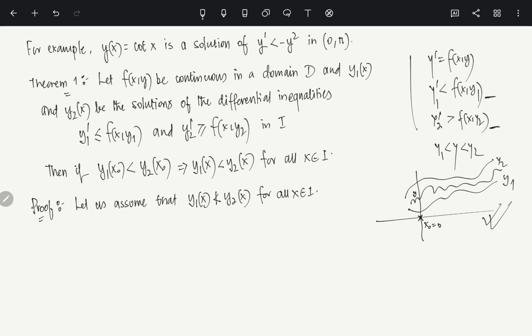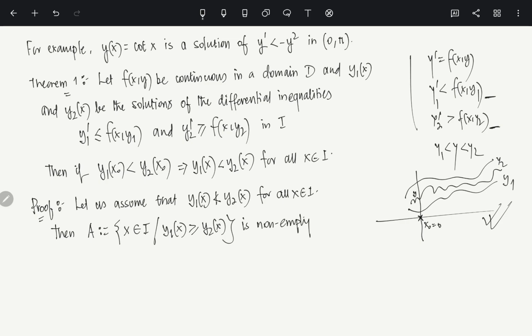It means that there is an x in I such that this is not true. Clear? Okay. Then the set, let's just call it A. And how do we define it? It is the set of all those x in I such that y1 of x is greater than or equal to y2 of x. Okay. This set is non-empty.